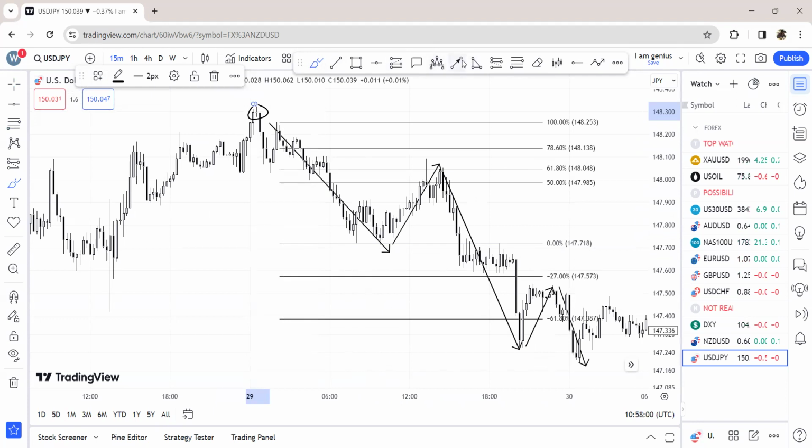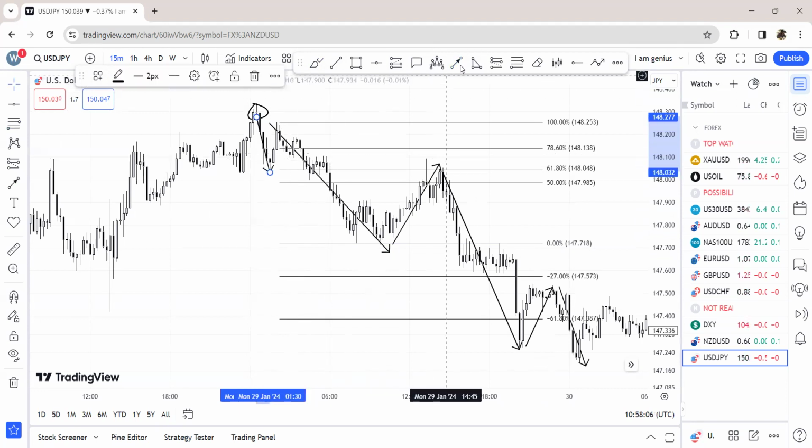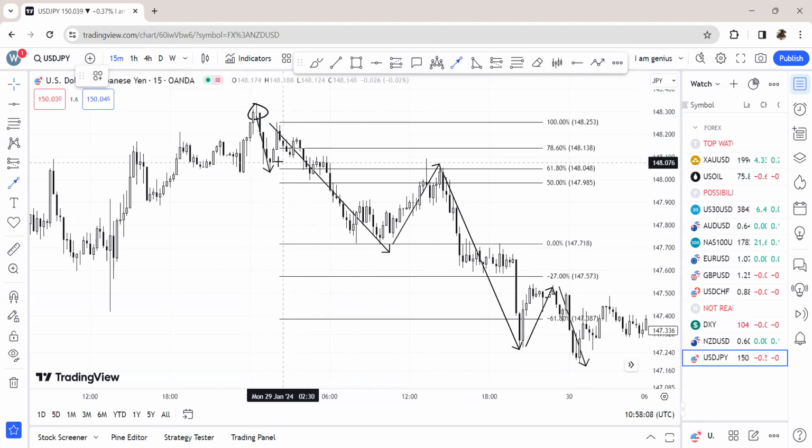But I would argue that this in itself is some kind of a mini market structure that it's forming to there. Then from here, this is where now there was this big, massive drop to the downside. So with that out of the way, now let's look at where this market turned from. Remember, I said 61.8 to 50, between that level. You can see exactly that's where this market turned from.